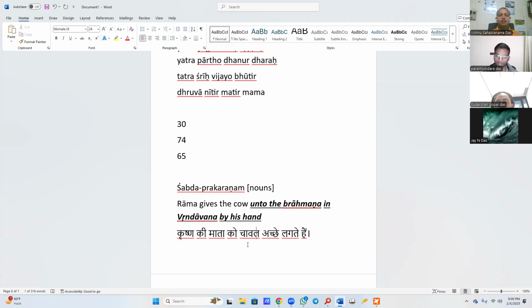Now in Sanskrit, interestingly, the meaning of the preposition is merged within the noun. These different prepositions get merged within the nouns in Sanskrit, and then that noun gets a special ending or special endings.